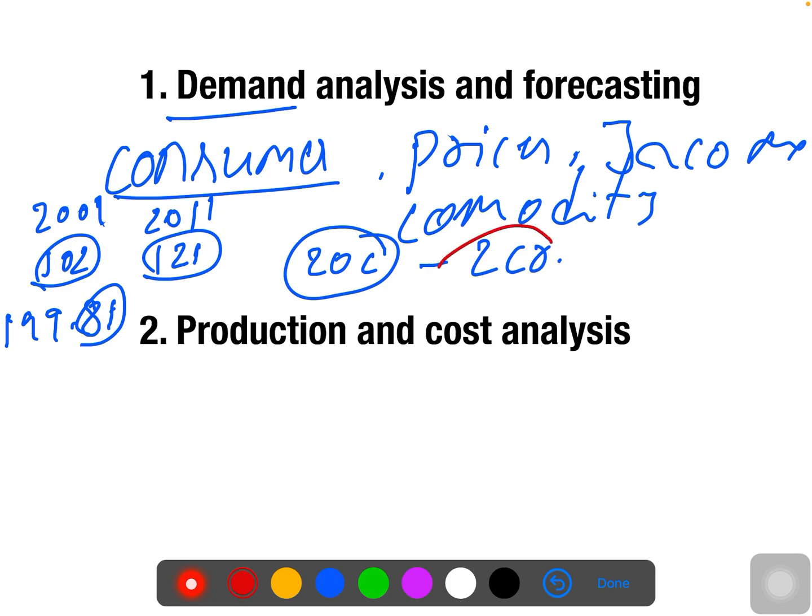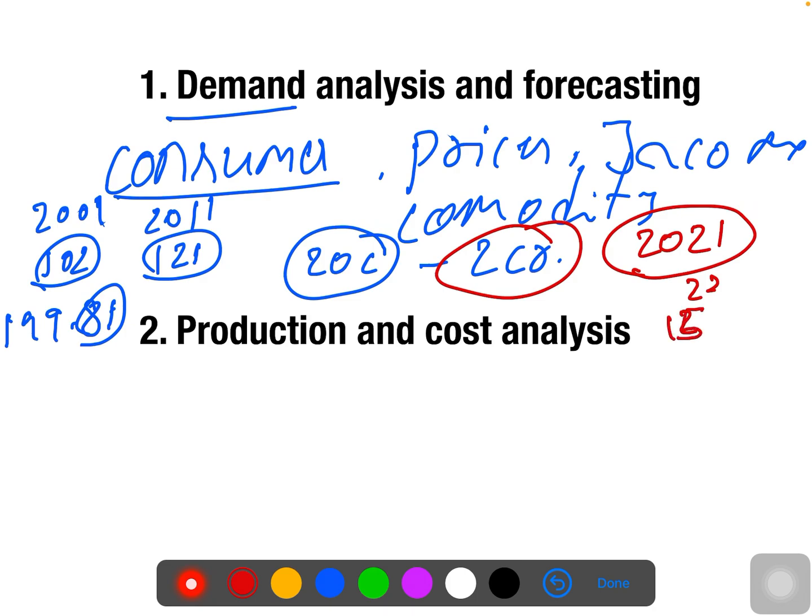So what we predicted is that in the year 2021-22, the population can be around 140 to 150 crores. This is the expectation. This is the prediction we can make, because each census carries 20 crore extra population, so we can predict the future.